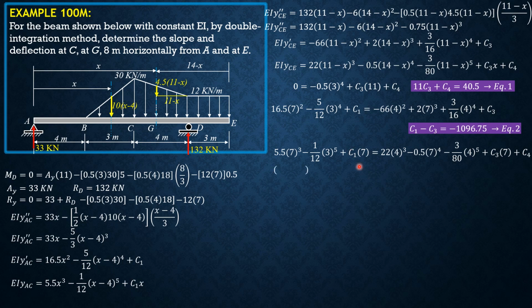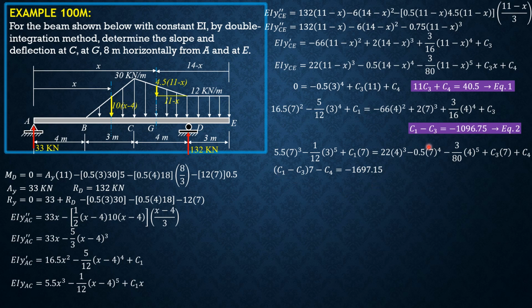So c sub 1 minus c sub 3 times 7, then minus c sub 4 is equal to the simplification of these constant terms, negative 6097.15.